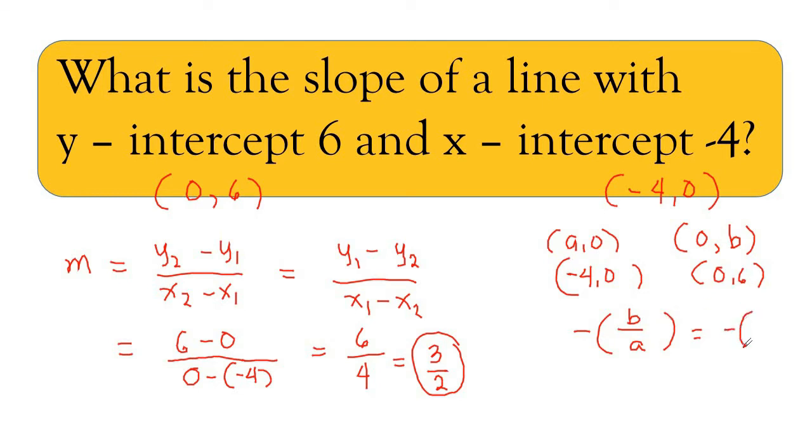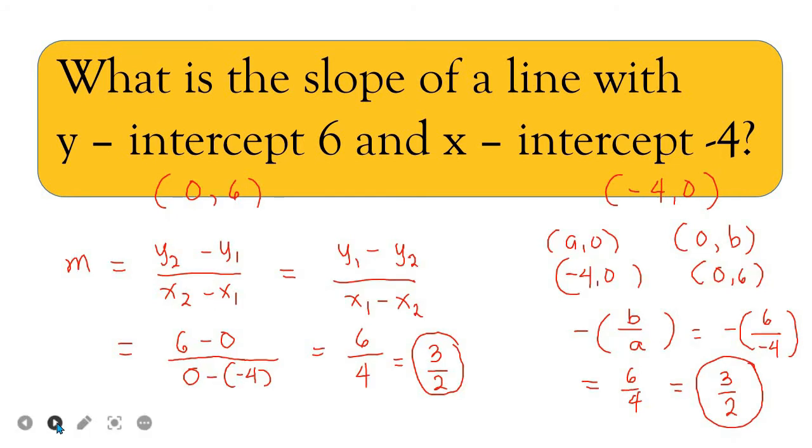So negative times 6 over the value of A, which is -4. So this is 6 over 4. Reducing this to lowest term, we have 3/2. So we have now the slope of a line with y-intercept 6 and x-intercept -4 as 3/2.